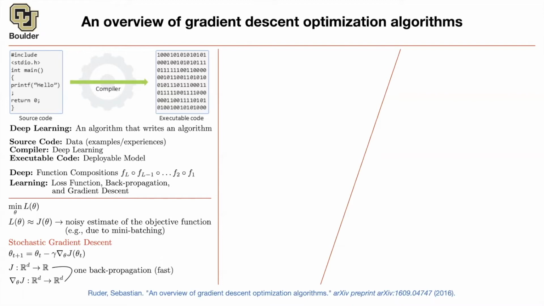It's as cheap as a forward evaluation of your J function. You get the gradient of J from R^d to R^d. So that's what the gradient is. It's a function from R^d to R^d. And it's one backpropagation, and it's super fast.